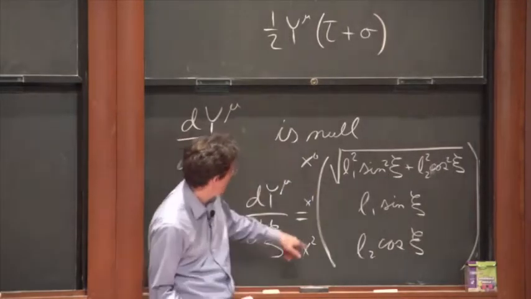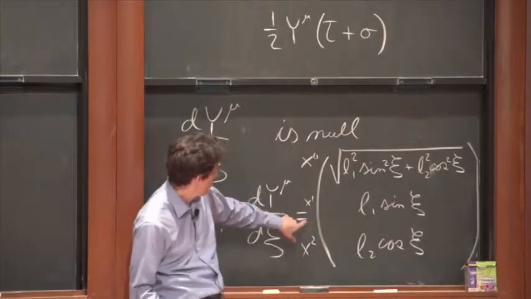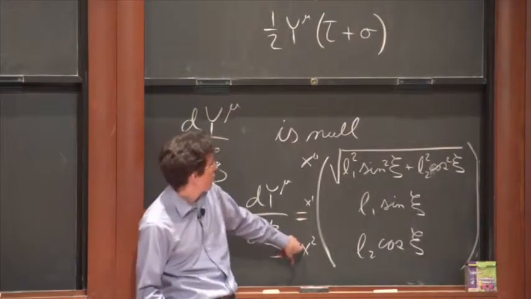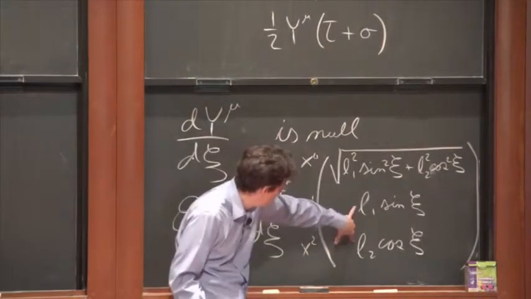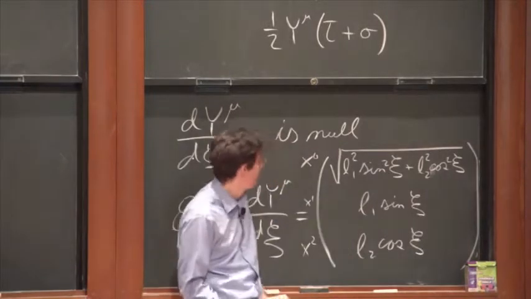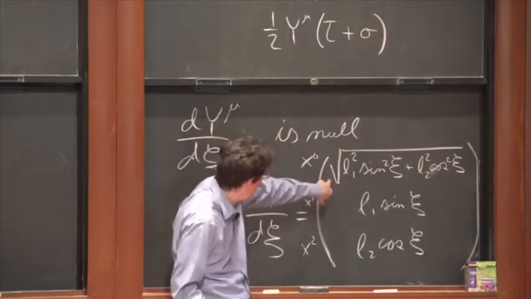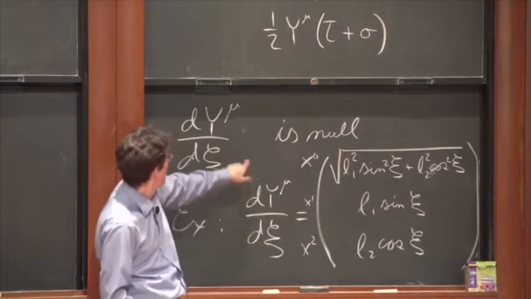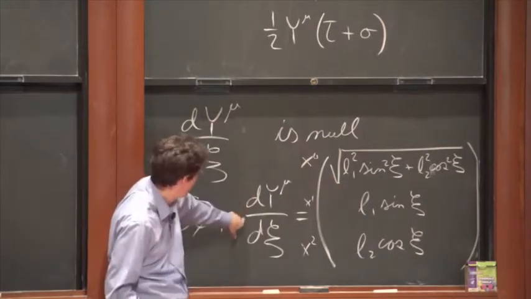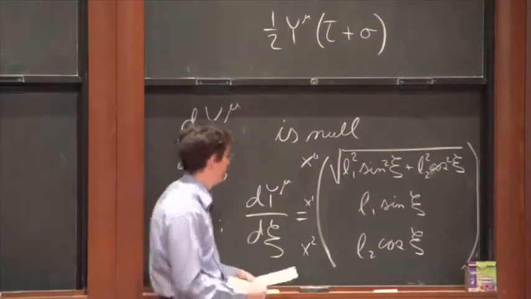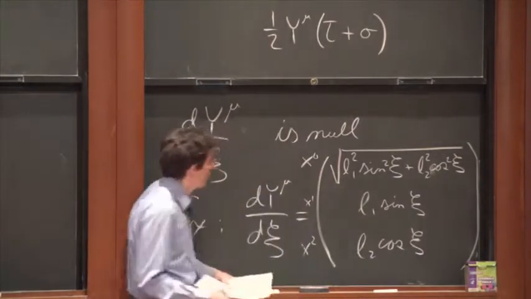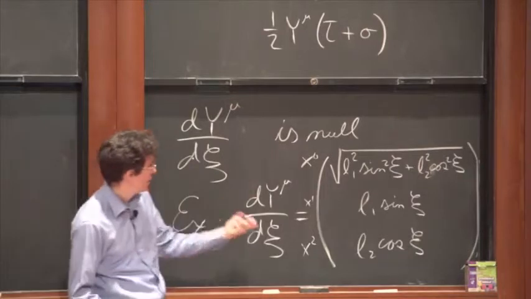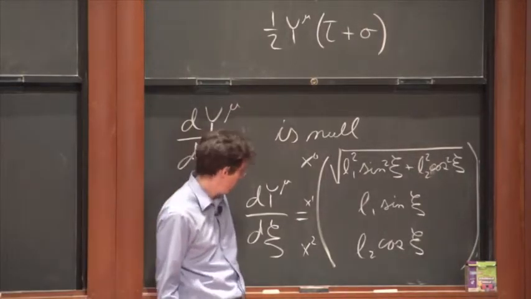So you see I made it so that the x1 and x2 directions have a curve in them which is elliptical for L1 not equal L2. And then this time coordinate, I had to pick the form that I picked precisely in order that this vector should be null.